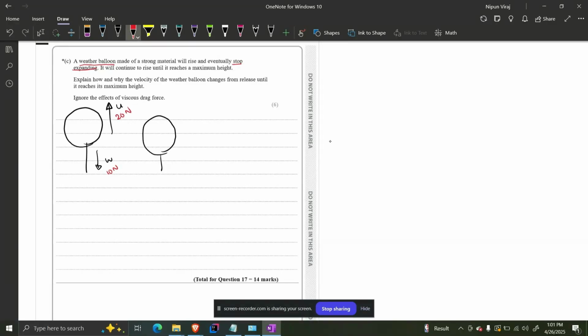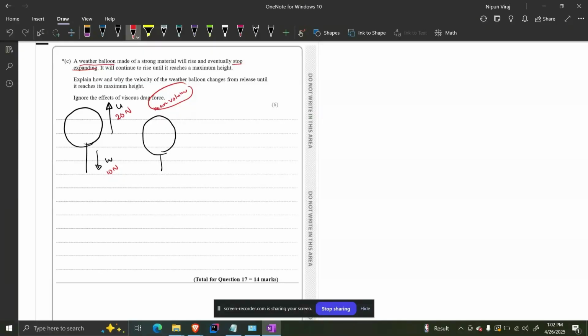Just suppose it's like that. Then let's say the balloon reaches its maximum volume, and after reaching this maximum volume, it will stop expanding.